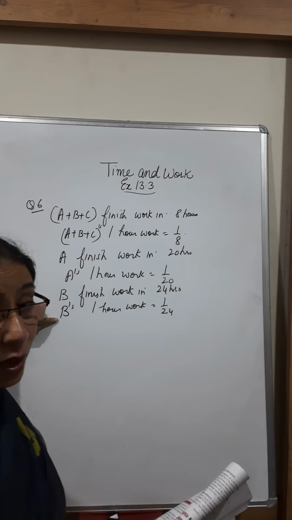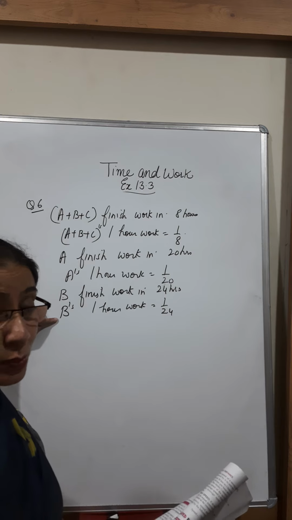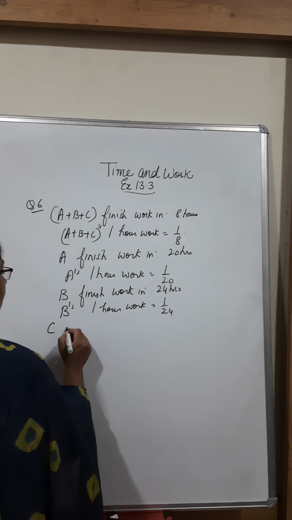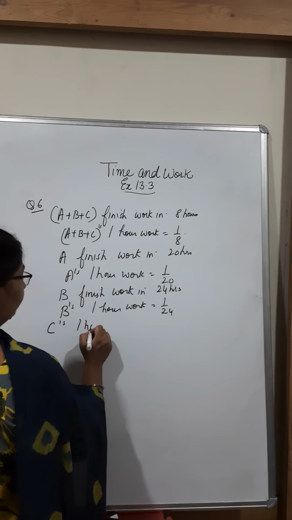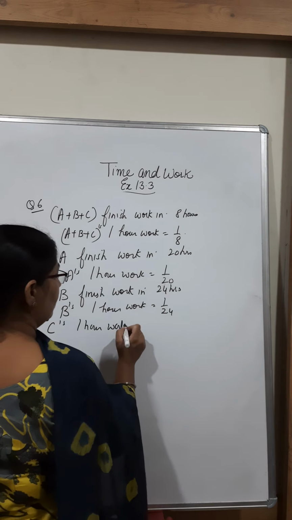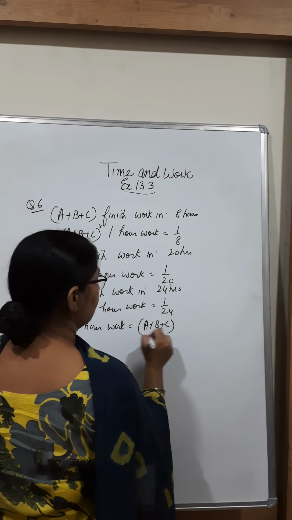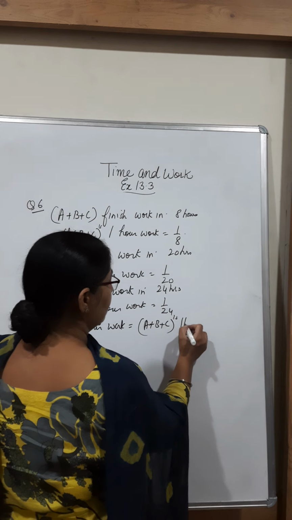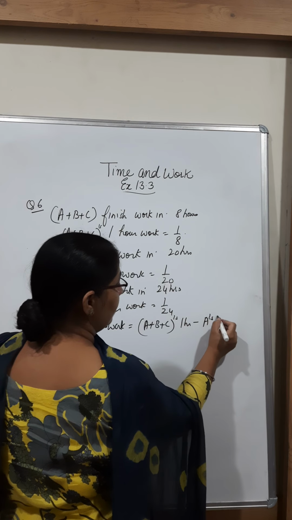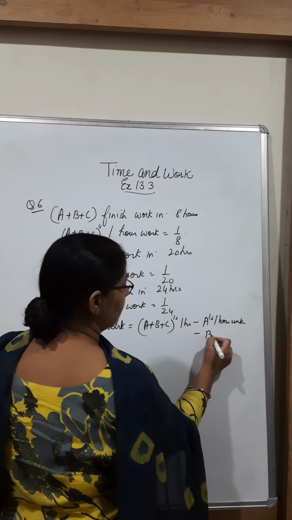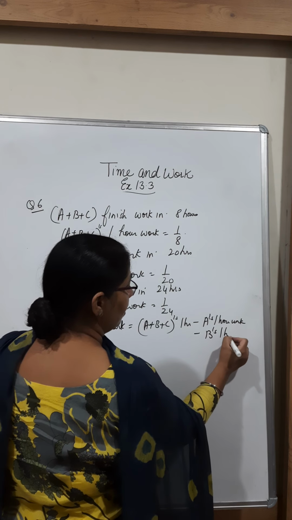So what do you think you can do to get C's 1 hour work? C's 1 hour work will be equal to A plus B plus C's 1 hour work minus A's 1 hour work minus B's 1 hour work.